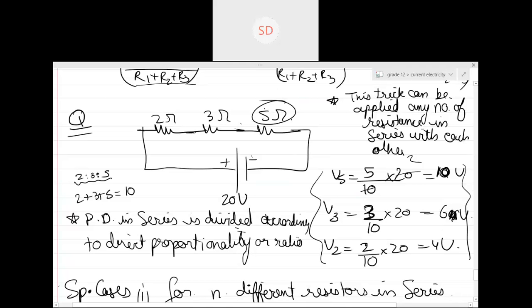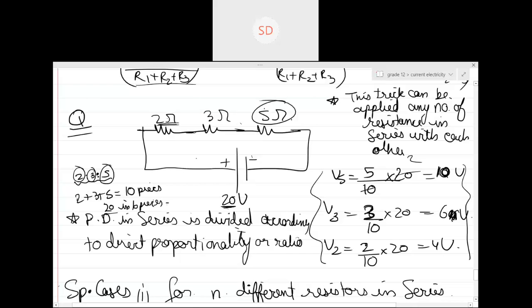What is 2 plus 3 plus 5? 10. 10 pieces. So divide 20 volt into 10 pieces. 2 volt each. So how many pieces should be given to each resistor? Since it is direct proportionality, the 2 ohm will have 2 pieces, the 3 ohm will have 3 pieces, and the 5 ohm will have 5 pieces.